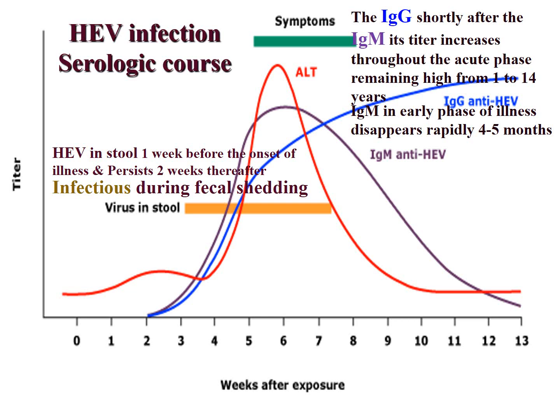The incubation period is from 2 weeks to 1 month, therefore there is a rise of ALT and AST, and immunoglobulin M starts to be positive. But immunoglobulin G starts and keeps increasing over 1 to 14 years.